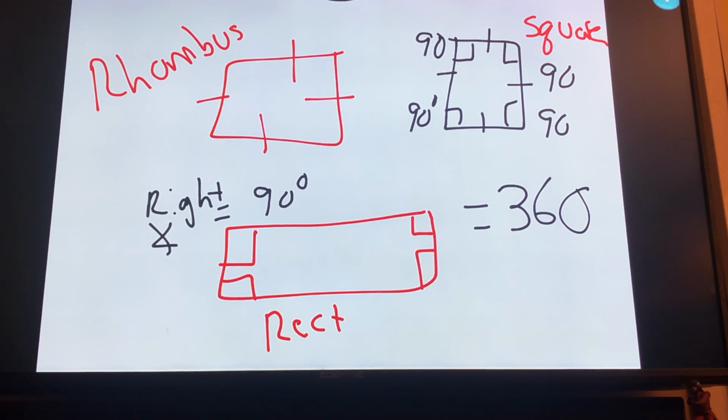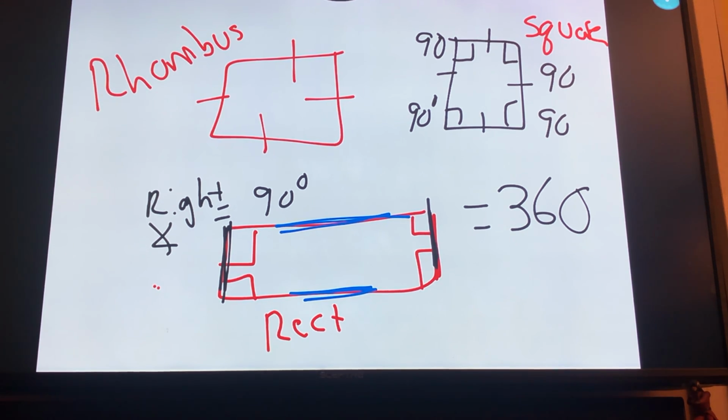It tells us that it has at least two sides the same. So this side should be the same as this side, and my top should be the same as my bottom. The sides should be the same, and the other sides should be the same because they're parallel.